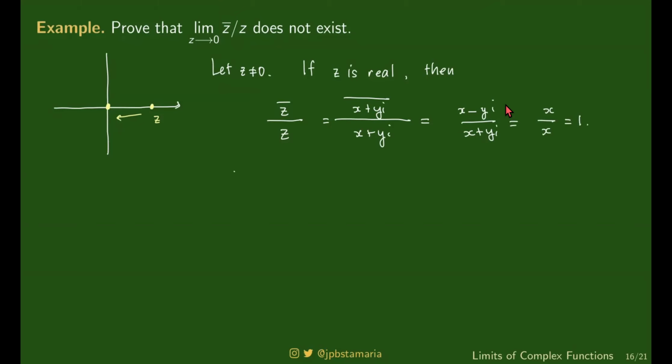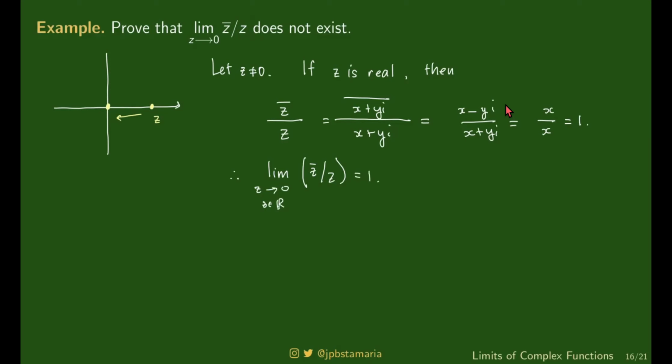Therefore we can say that the limit of z bar over z as z approaches 0 along the real axis, kapag ikaw ay nasa real axis, is 1. Di ba?